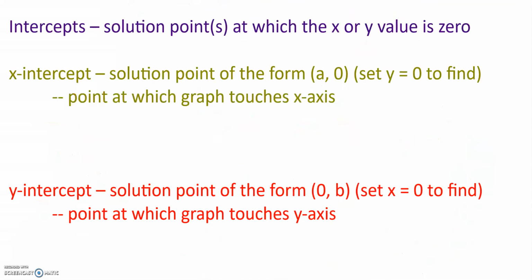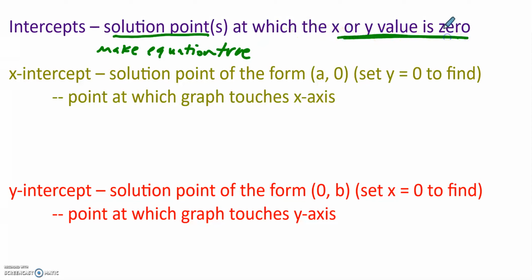So in terms of definition, intercepts are solution points, and again, solutions, as we talked about, make the equation true. And these specific points are at which the X or Y value is 0. For instance, the X-intercept is technically defined as a solution point in the form (a, 0) or (x, 0), and it touches the x-axis.